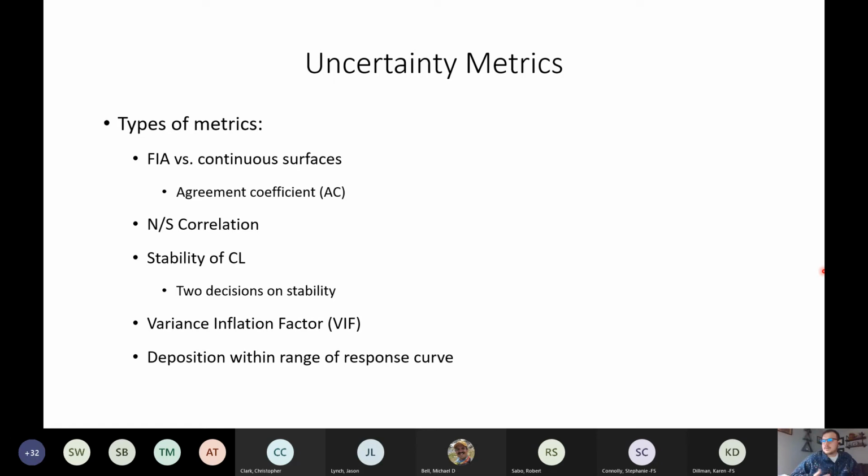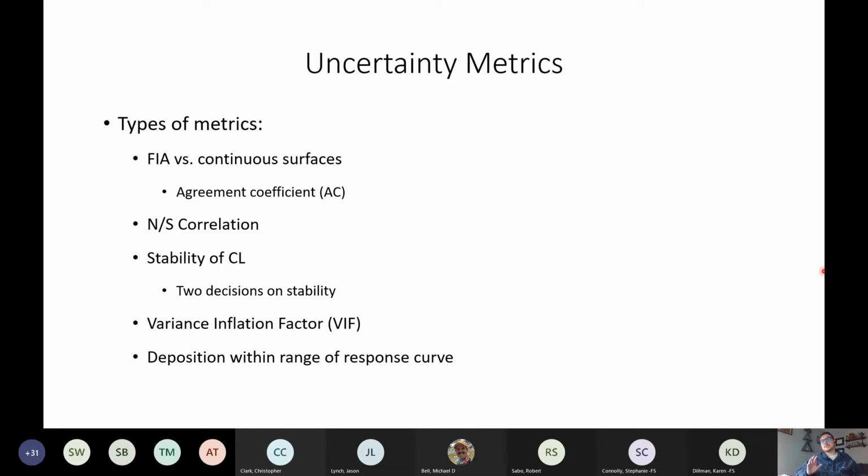A couple other ones, and I think Linda alluded to this too, is the stability of that critical load. In the model runs that were done, a best model was chosen, but sometimes there was an alternative model that was almost good enough to use instead.